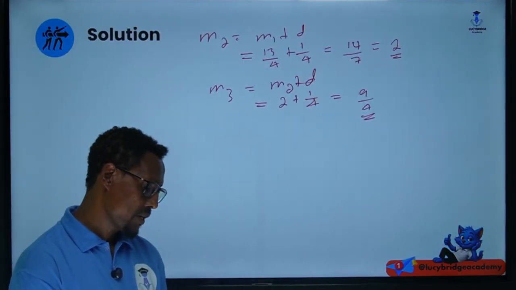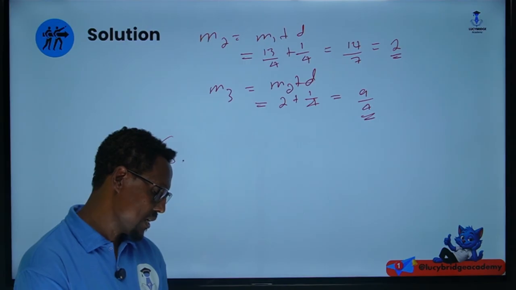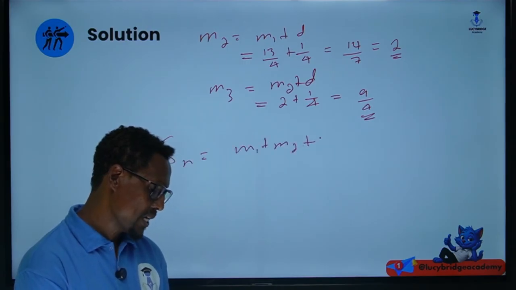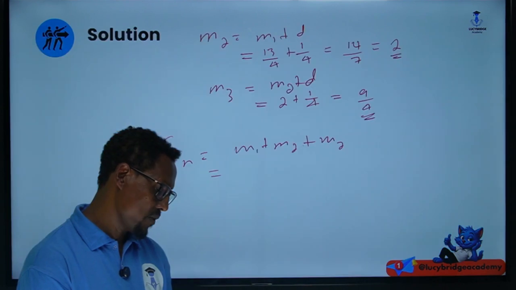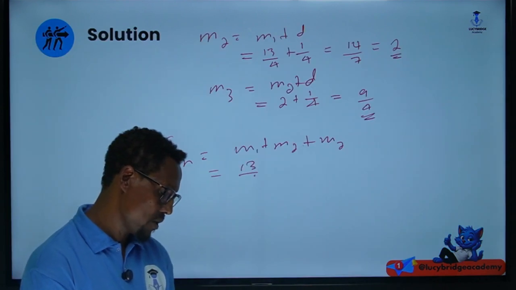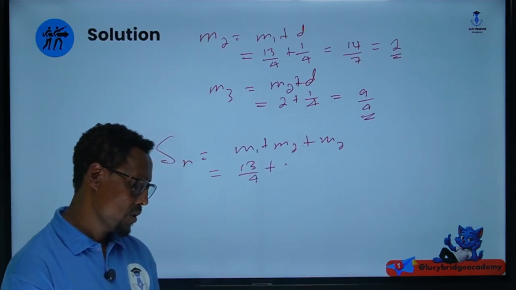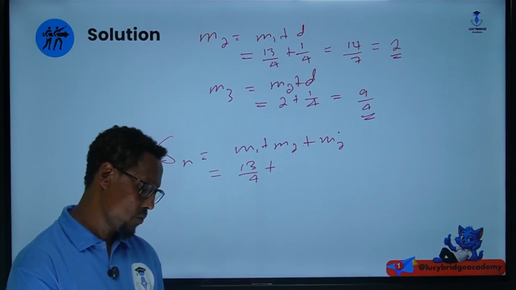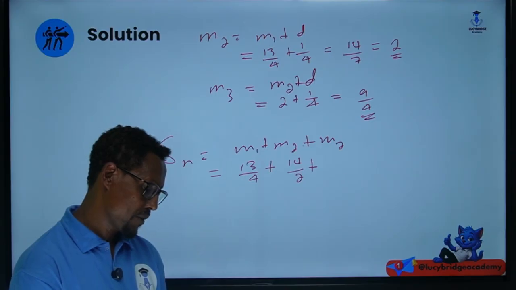Now the sum of the inserted terms, Sn, is equal to M1 plus M2 plus M3. I know that M1 is 13 over 4 plus M2, 14 over 4 or 7 over 2, plus M3 is 9 over 4.